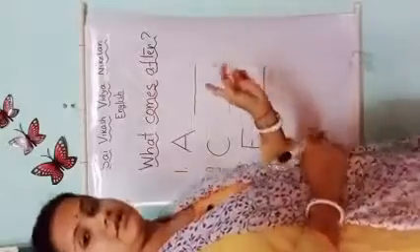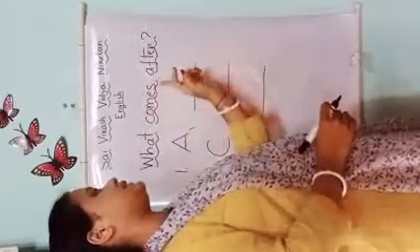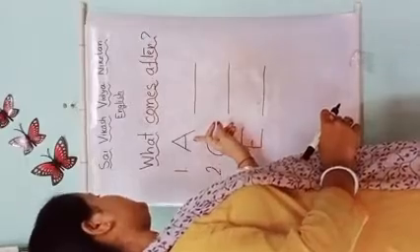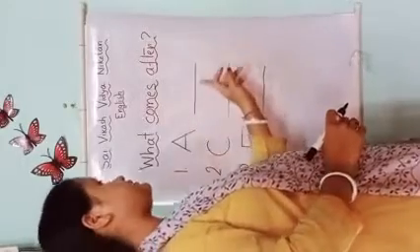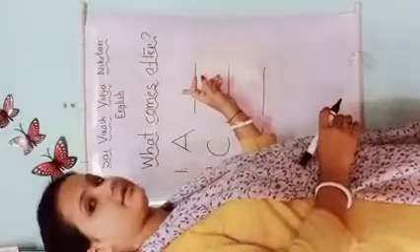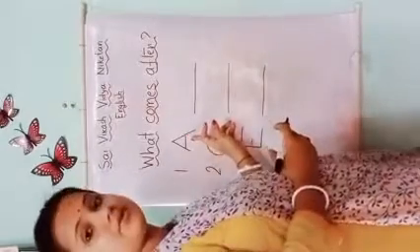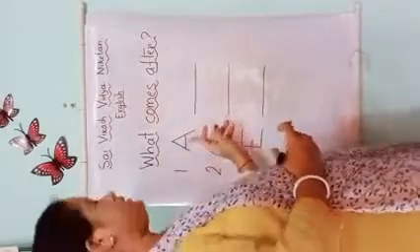Okay, this way we have to do what comes after. Here we have letter A and this is a dash. This means you have to put that letter which comes after A. Okay.